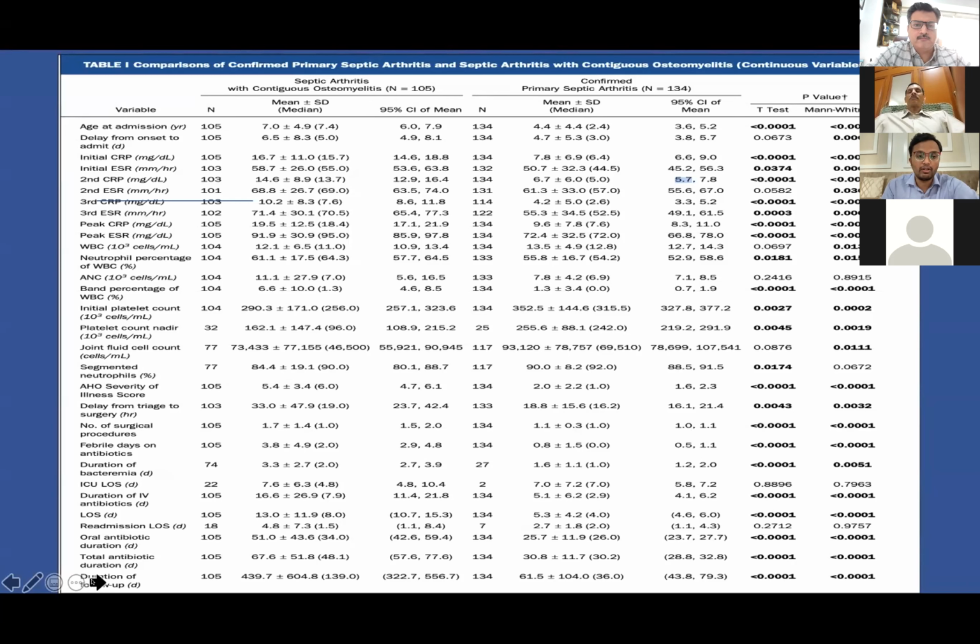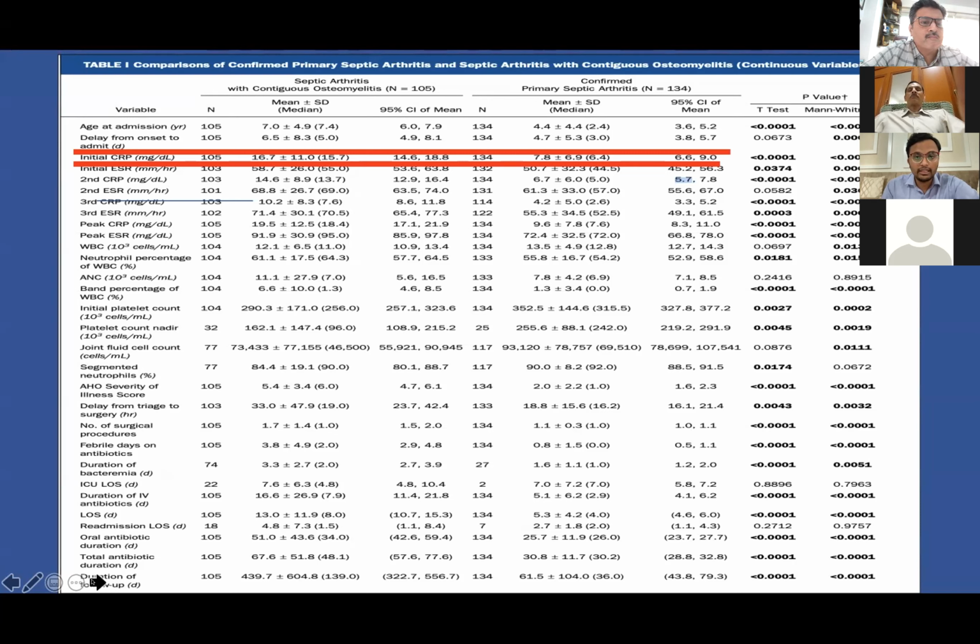But some of the important points for clinical practice in this paper are, first, the delay from the onset to admission. Septic arthritis with contiguous osteomyelitis has a delay in admission of around 7 to 8 days, compared to primary septic arthritis, which is 4 days. The initial CRP is also high in contiguous osteomyelitis, and the peak CRP is also high in septic arthritis with contiguous osteomyelitis.